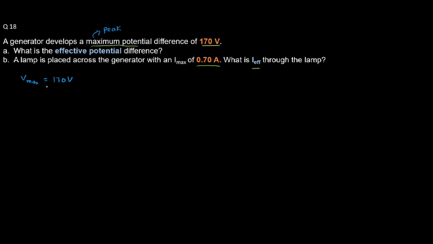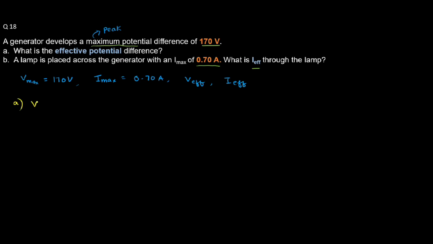So I have my V max as 170 volt. They have given you I max, which is 0.70 ampere. The question wants me to find in part A effective potential difference, so V effective, and in part B I effective. Let's start with part A.